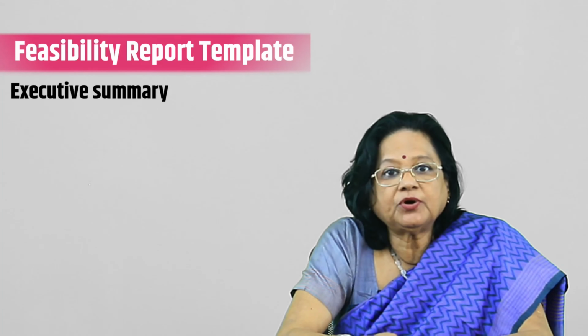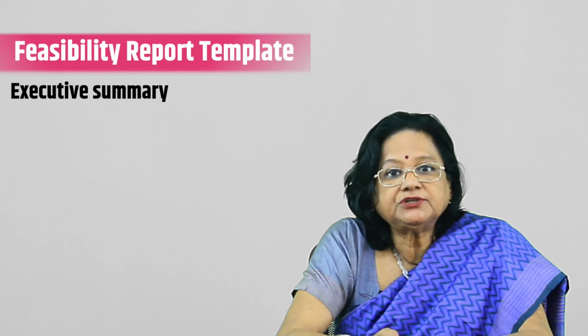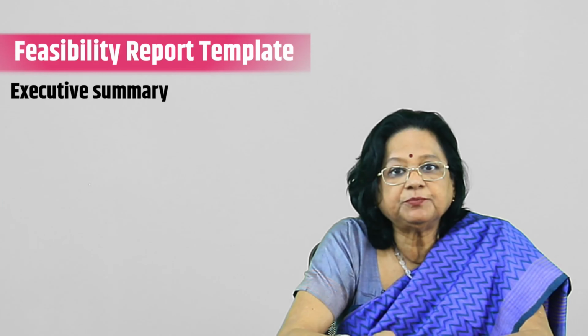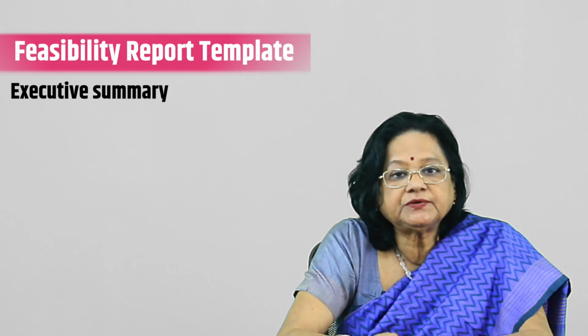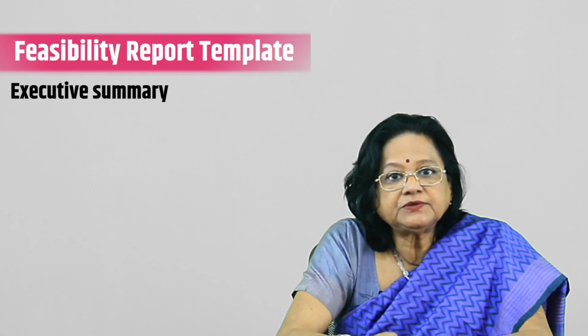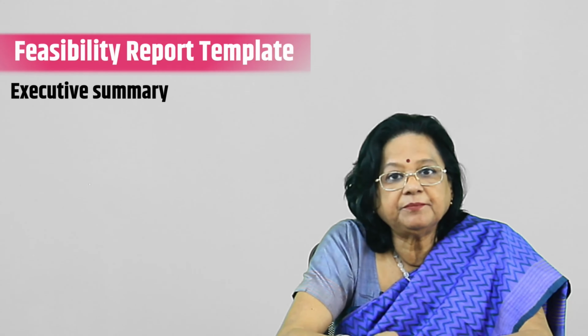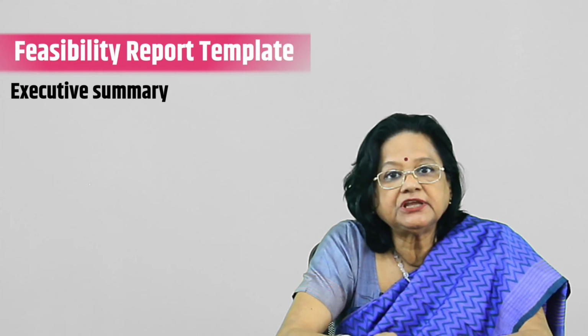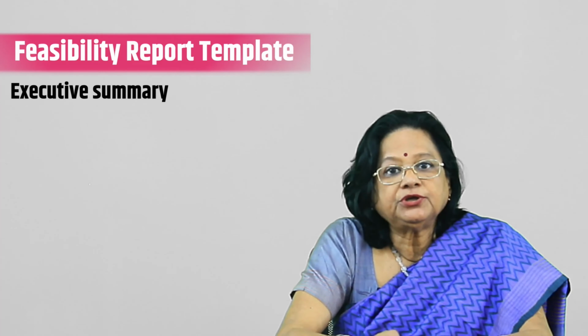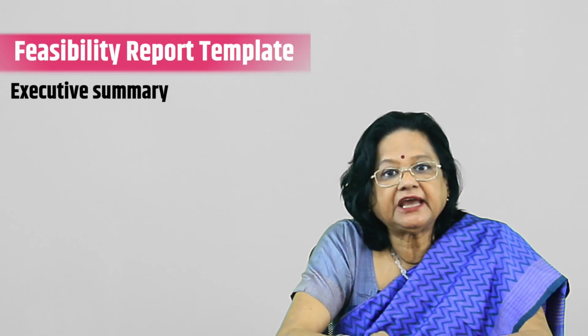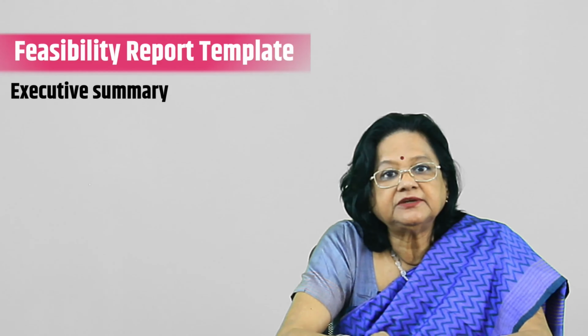Executive summary. One of the first components of a feasibility report is the executive summary. An executive summary can help your readers understand the main points of your report and get an overview of the report. Your executive summary can be brief, and be sure to write it clearly and concisely.